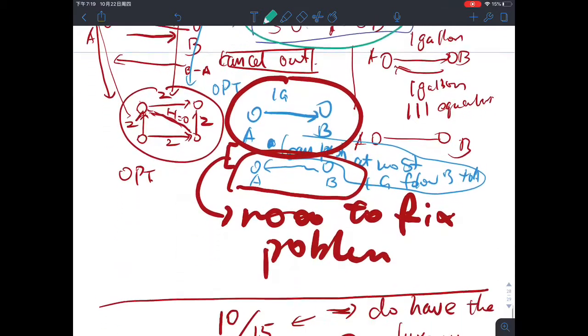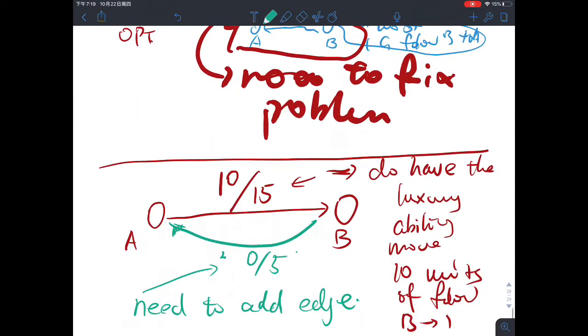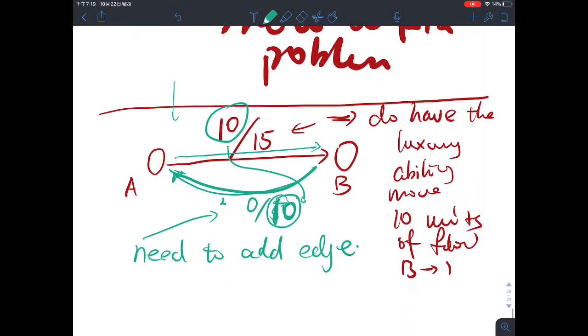The real residual graph needs to impose this additional gadget or trick, right? So whenever you push 10 units of flow from left to right, you should reflect that you are able to revert the decision, and then you will want to be able to add 10 units of capacity. Sorry, I make a mistake. 10 units of capacity that's moving from right to left, right? So the 10 here should match the 10 here. I make a mistake a few seconds earlier, right?